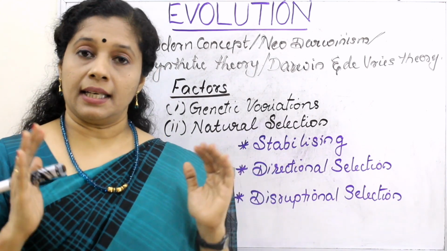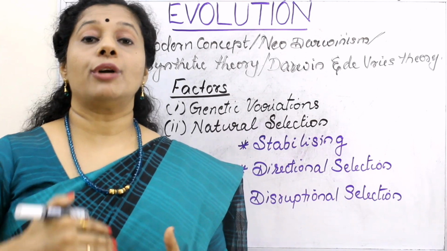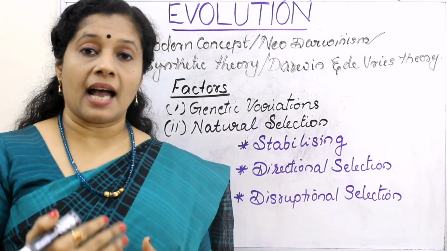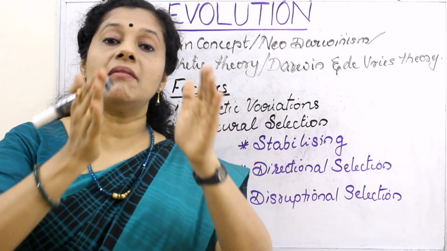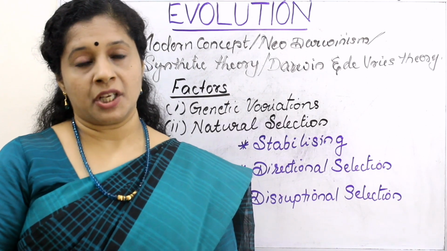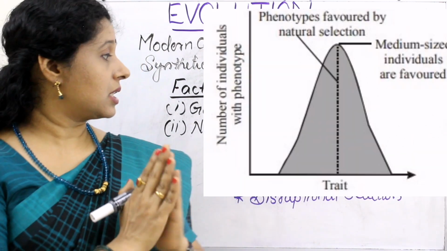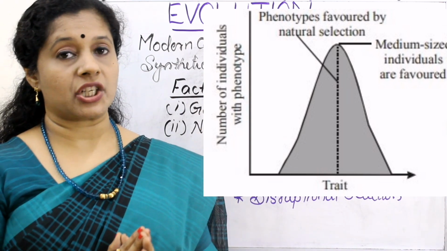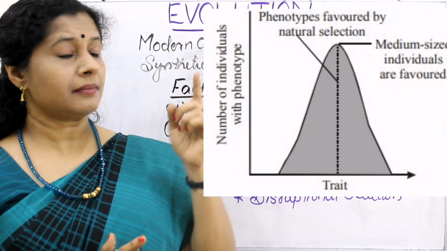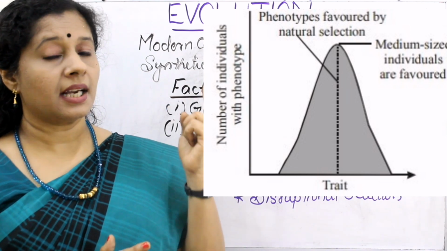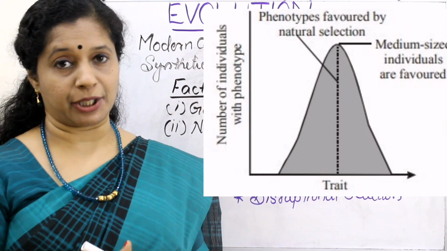In certain cases, the average phenotype has more adaptation and nature favors the average phenotype, and the mean value is the average value. Such a natural selection is called stabilizing natural selection, and the graph will be like this. The mean value will be in the center. The extremes are on both sides, very tall people or very short people, but average people are more in the population.